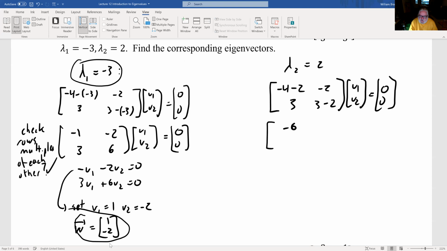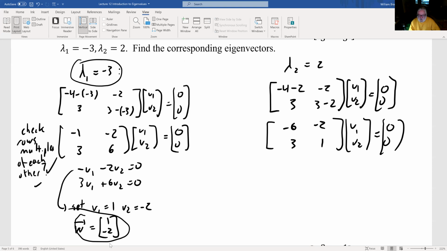So we get -6, -2, 3, 1. We want to apply our check. 3 times -2 is -6. 1 times -2 is -2. So the rows are multiples of each other, so that works.